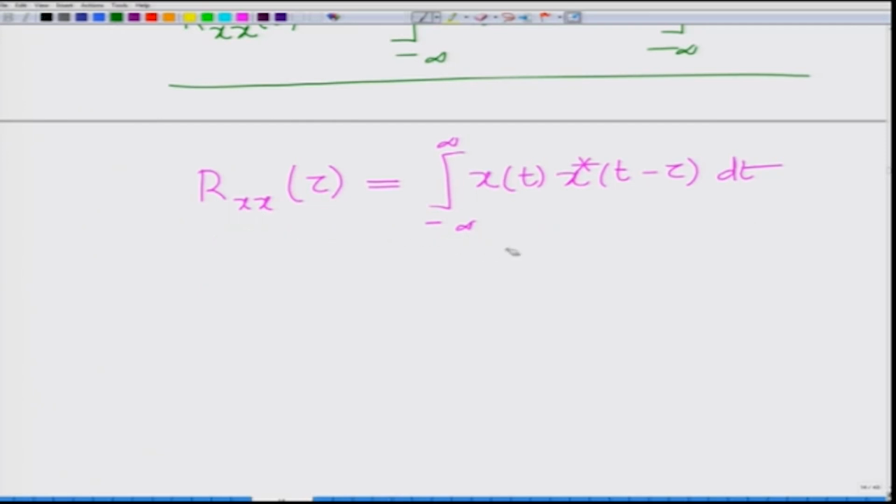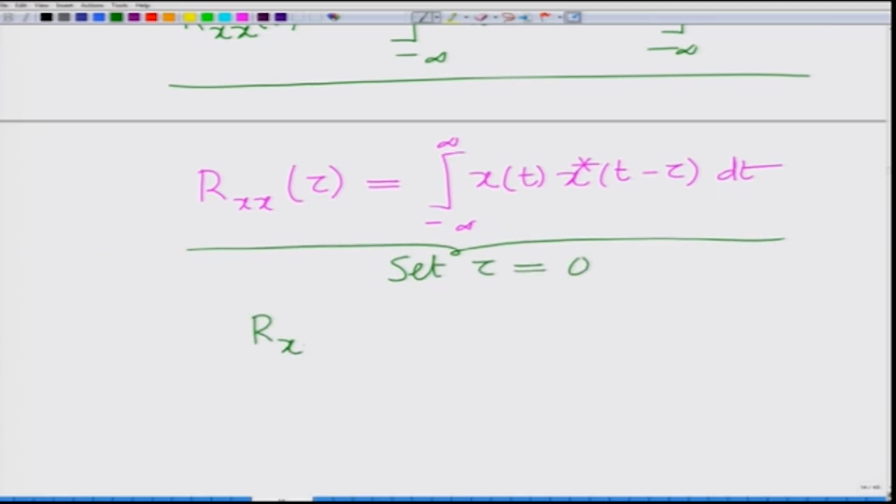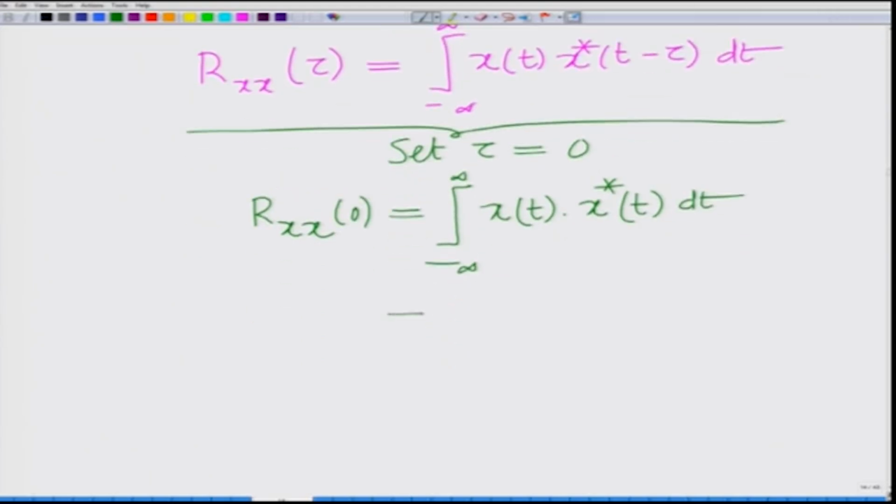So, what we are going to do is set tau equal to 0. R x x 0 equals integral minus infinity to infinity x t into x conjugate t, since tau equal to 0, which is nothing but integral minus infinity to infinity magnitude x t square dt.